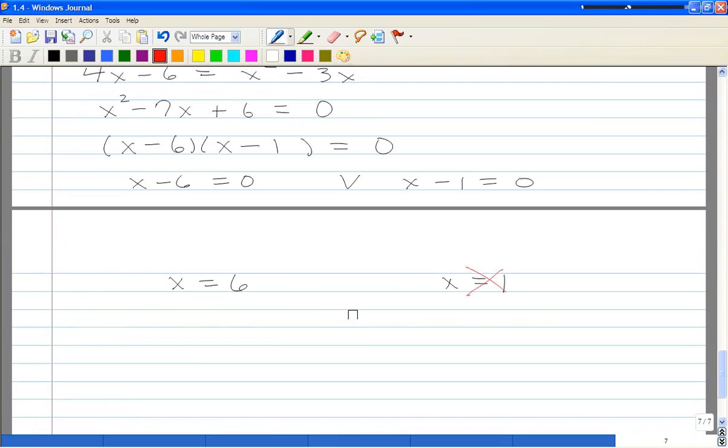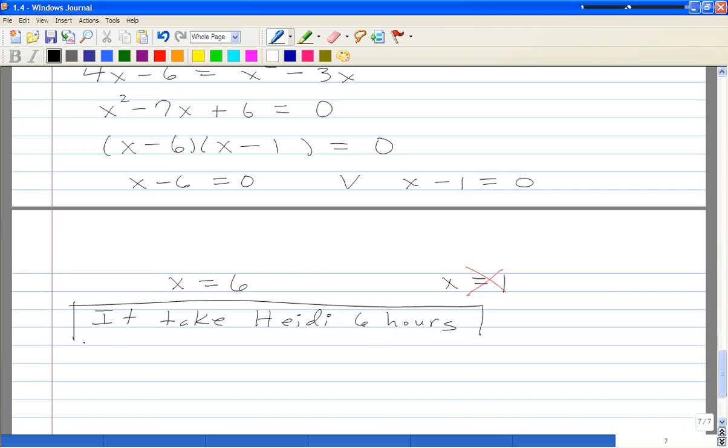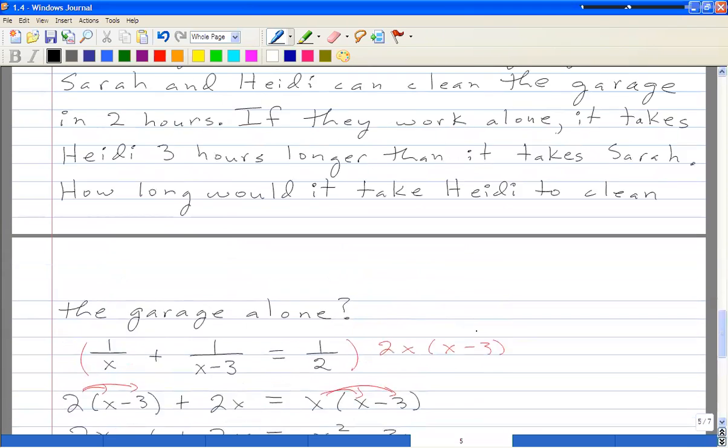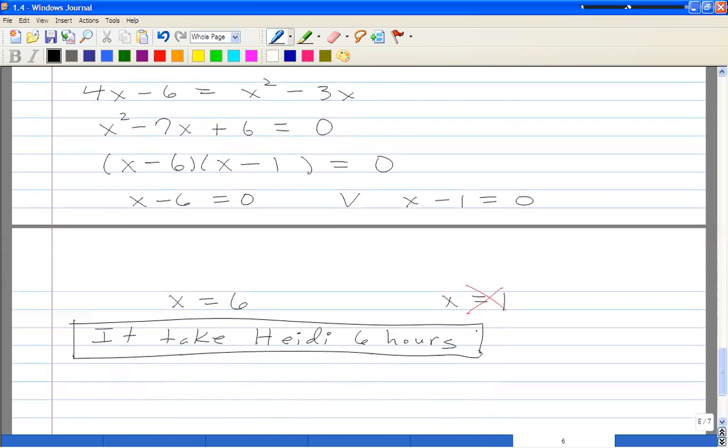That's extraneous. And so it takes 6 hours. So it takes Heidi 6 hours. And that is your answer. Let me just check it was Heidi, right? How long will it take Heidi? Yeah, so it'll take Heidi 6 hours.